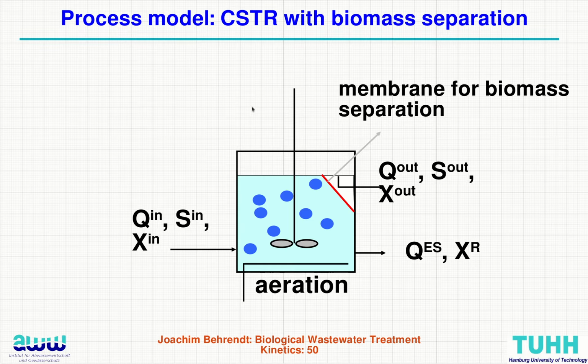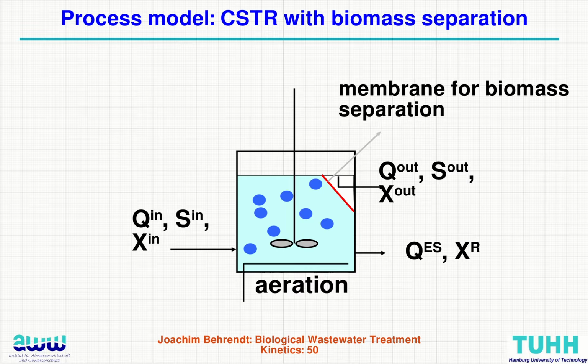Finally, the fact is we need big reactors, as we see in this case, and this is due to the fact that we are always losing our biomass, our catalysts, with the effluent, and we need a more or less higher biomass concentration to have a fast reaction.